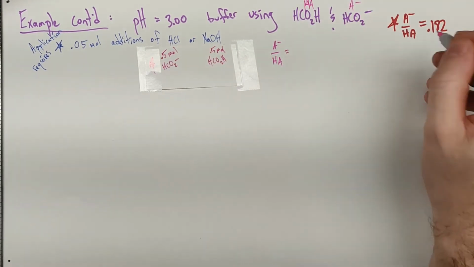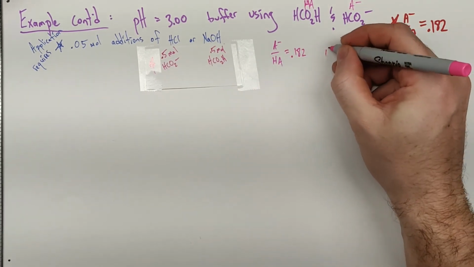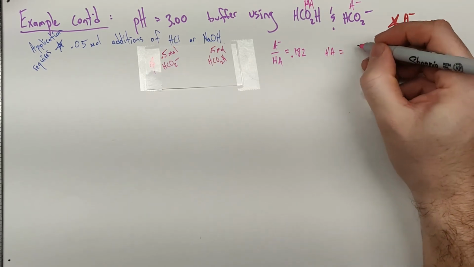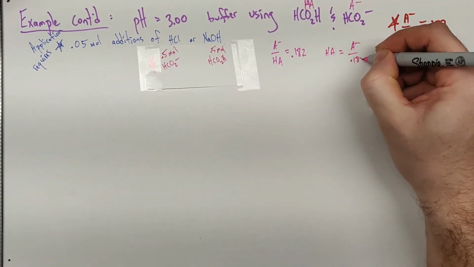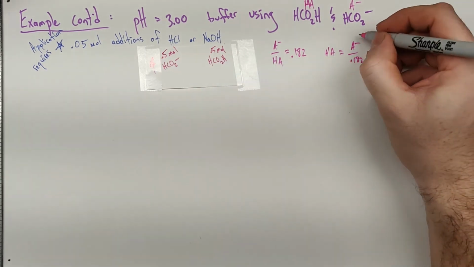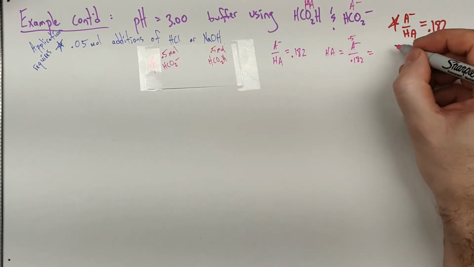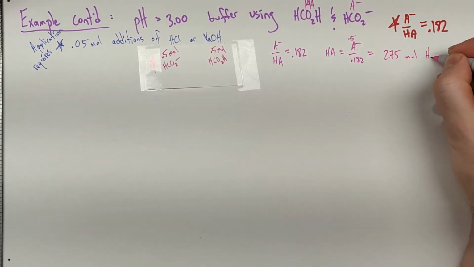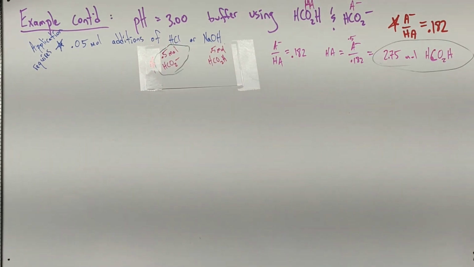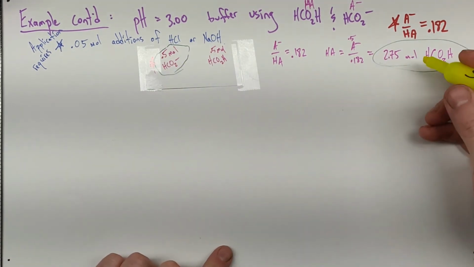Our A minus over HA needs to be 0.182, and if I choose my A minus as 0.5, I can get my HA amount as A minus over 0.182, and since that A minus is 0.5, we end up with 2.75 moles of HCO2H.